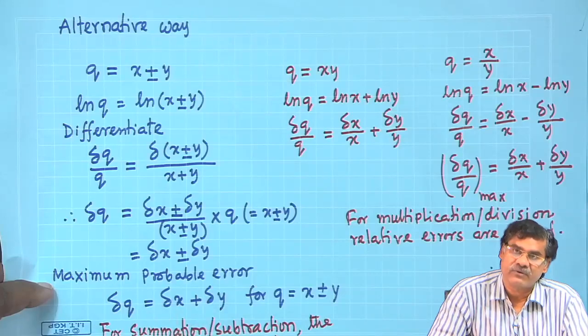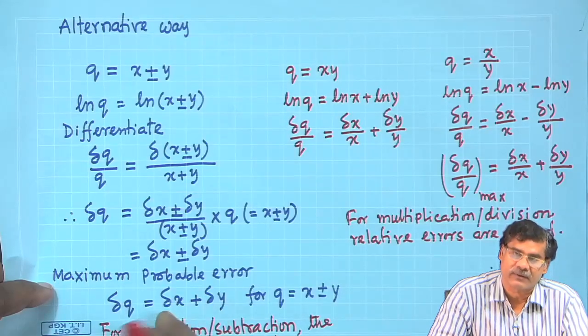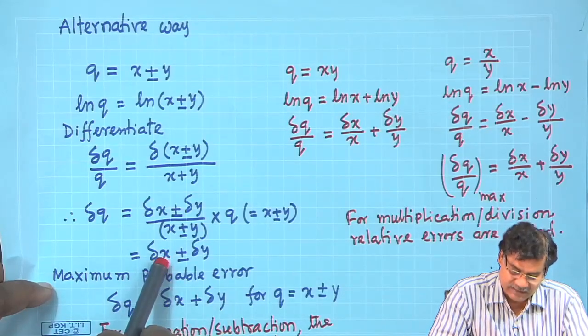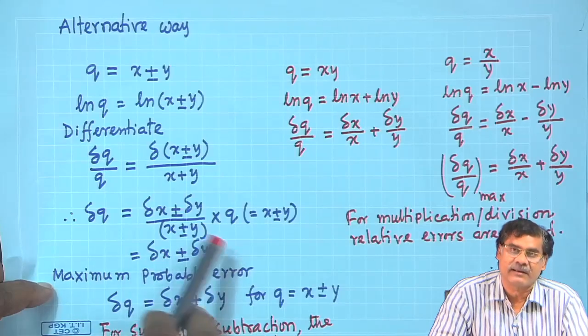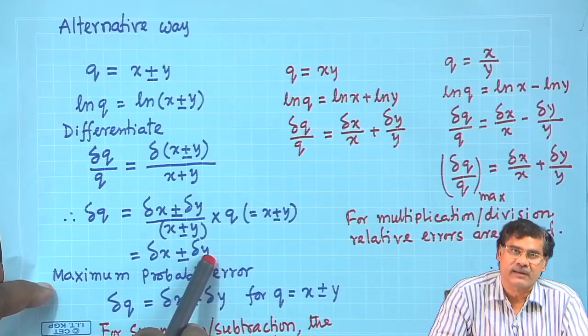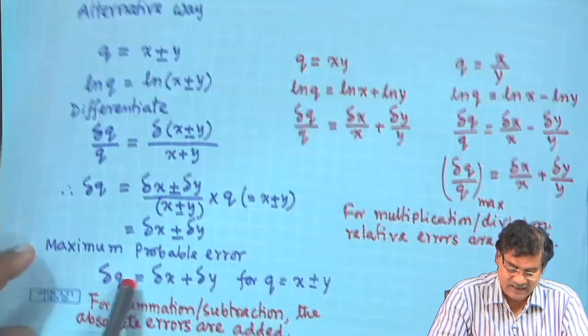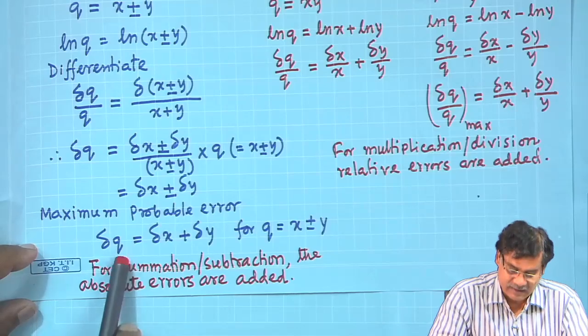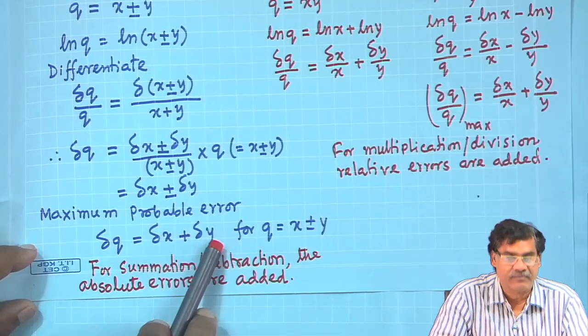So, we are going to find out the maximum probable error. Okay. So, here we have del x plus del y and del x minus del y. So, which one will be the maximum probable error? So, del x plus del y. Okay. So, that is why we write maximum probable error, del q, equal to del x plus del y. Okay.